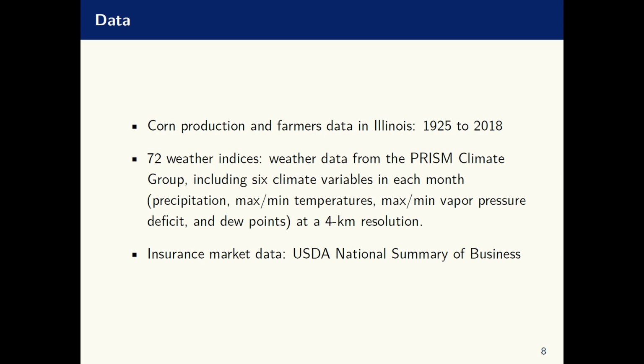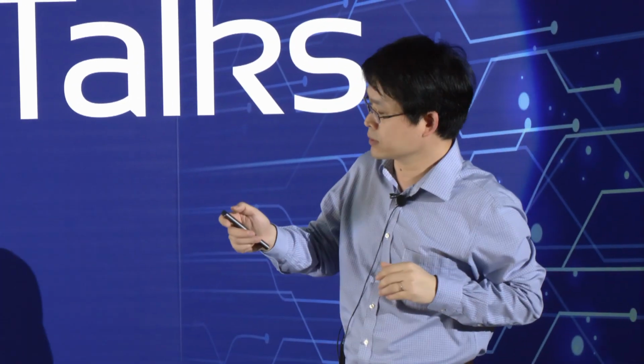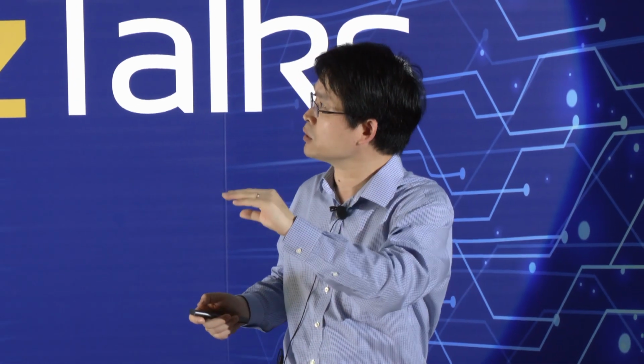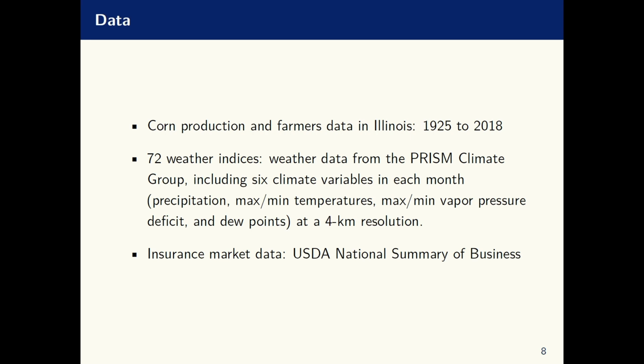So first, let's look at the data. We apply our approach to corn production in Illinois. And the sample period is from 1925 to 2018, almost 100 years of data. The weather variables are from the PRISM Climate Group, including 6 climate-related variables like precipitation, max and minimum temperatures, maximum and minimum vapor pressure deficit, and dew points.